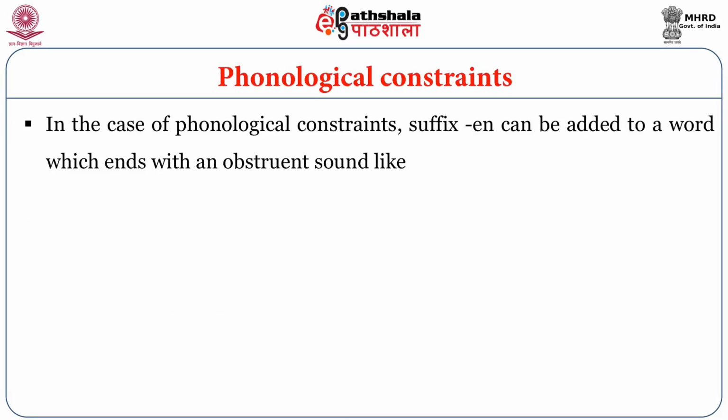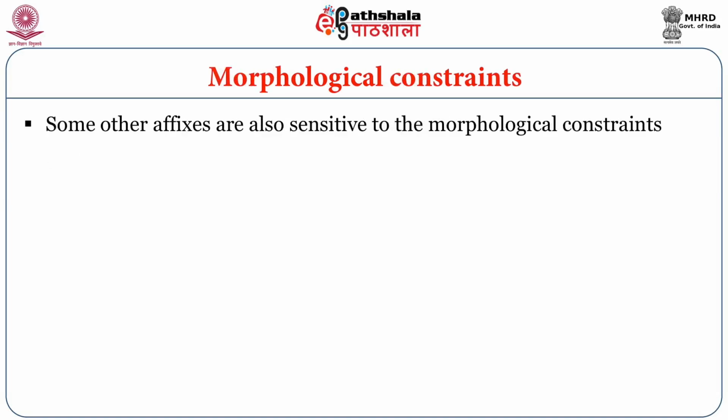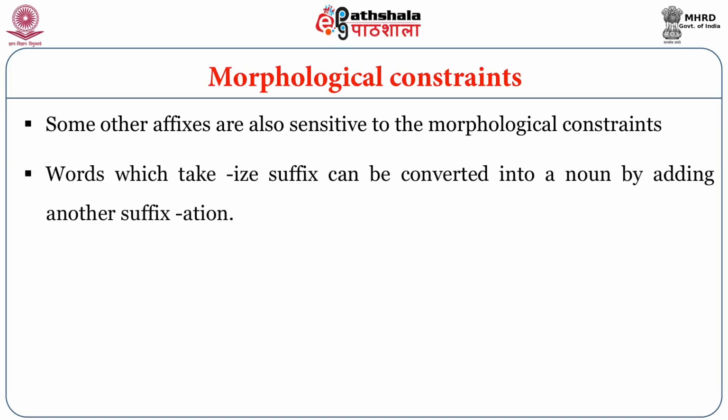We have phonological constraints: in this case the suffix en can be added to a word which ends with an obstruent sound. And morphological constraints are where other affixes are sensitive, and words which take the suffix ize can be converted into a noun by adding another suffix, ation.